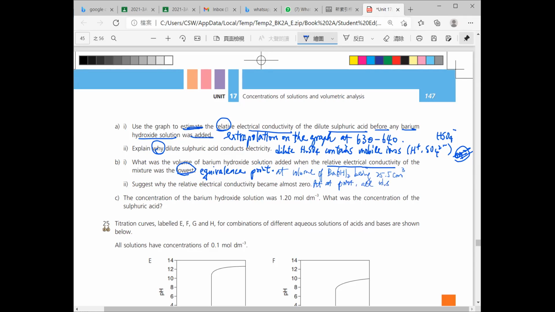H2SO4, or sulfuric acid, is reacted with barium hydroxide to give water and insoluble barium sulfate, okay?